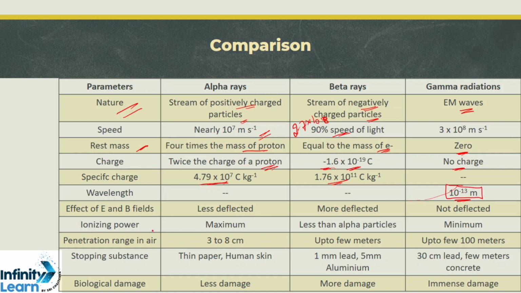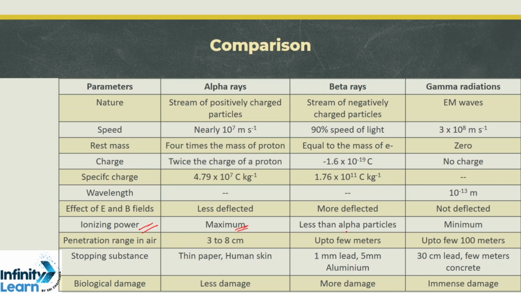Effects of electric and magnetic field: alpha rays are less deflected, beta rays are more deflected, and gamma rays are not deflected. Alpha rays are less deflected because they are heavier compared to the mass of electron or beta particles. Ionizing power for alpha particle is maximum.